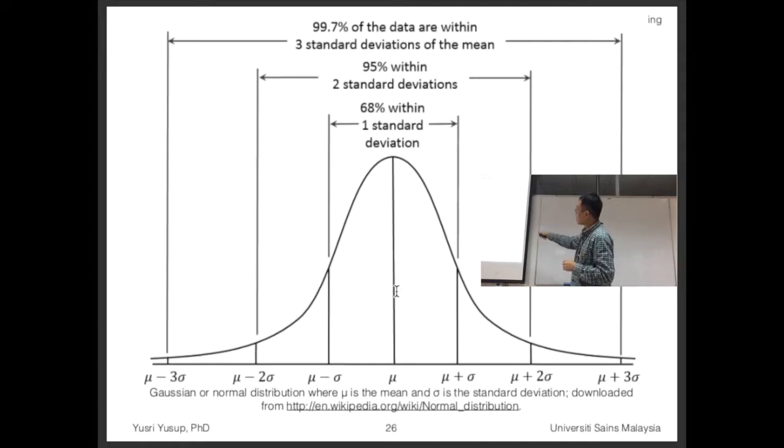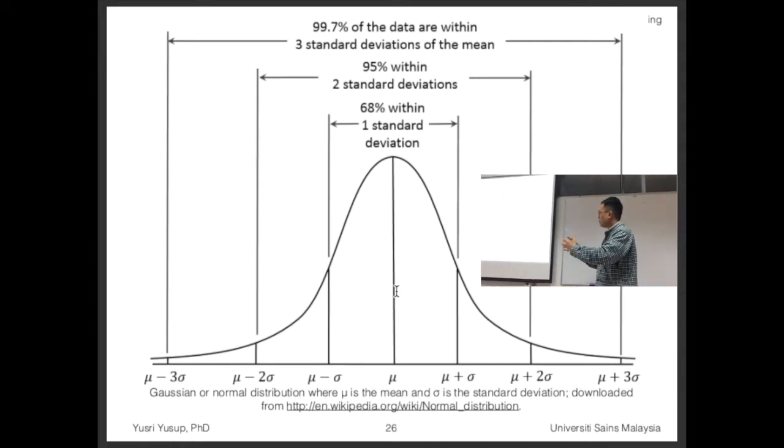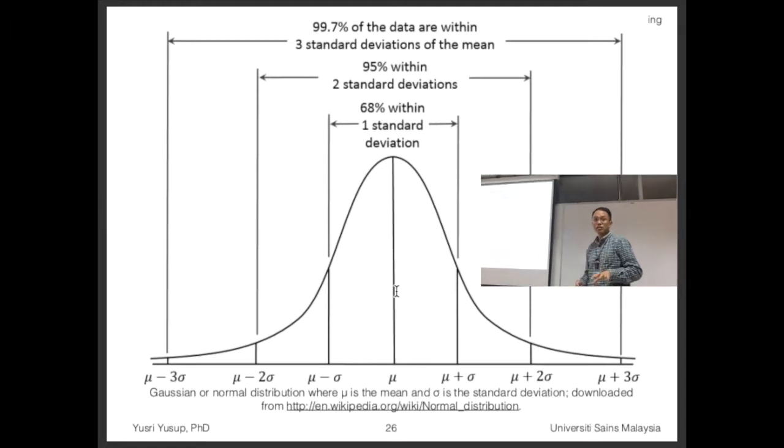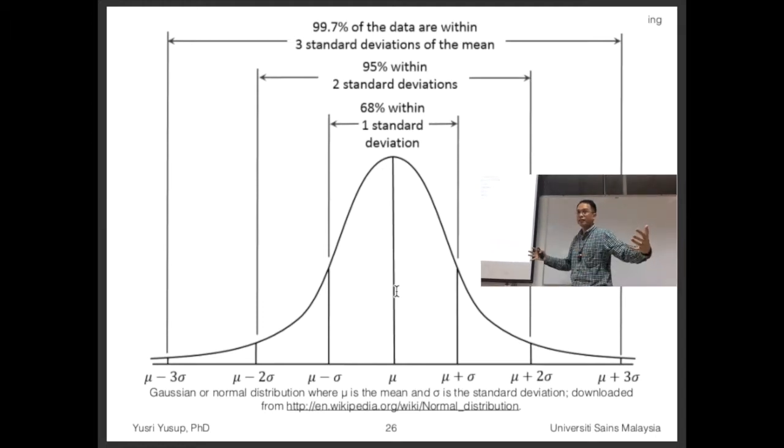Two standard deviations is 95% of the area beneath the curve, and 99.7% is at three standard deviations. So you notice how we classify the dispersion is through its standard deviation, how wide it is.